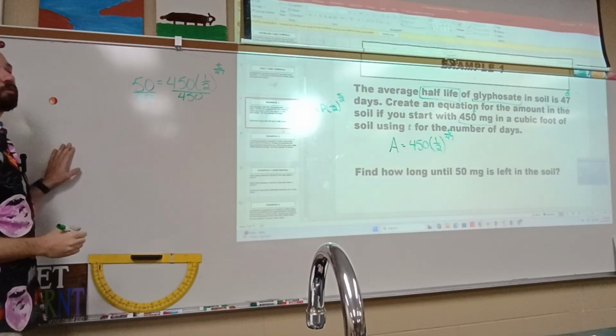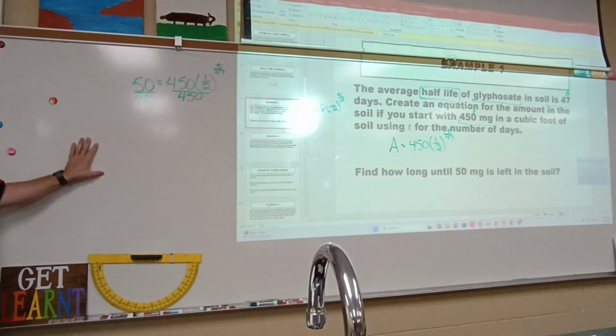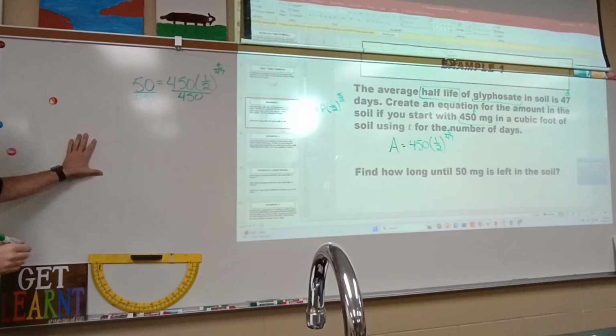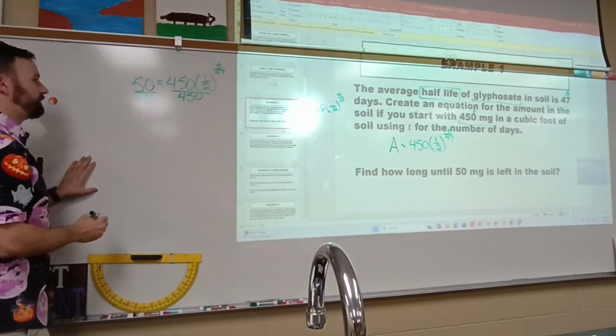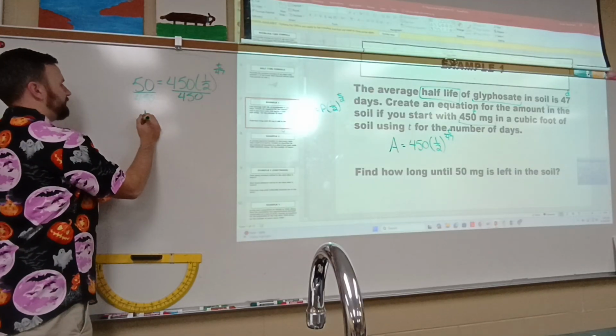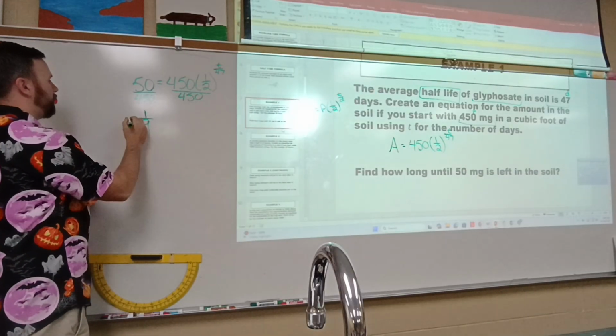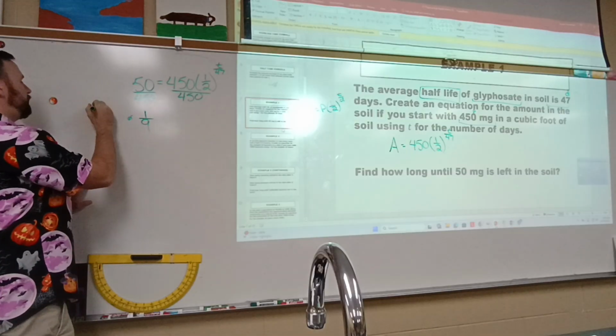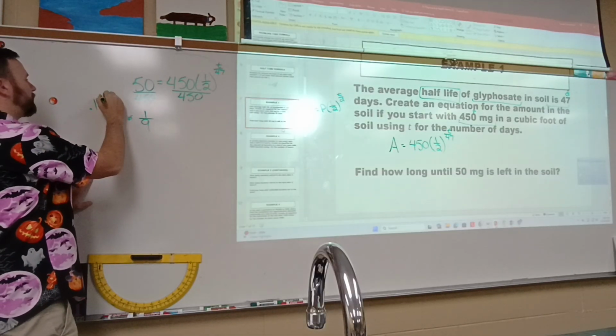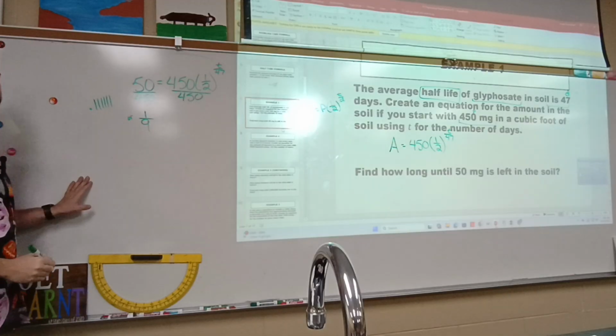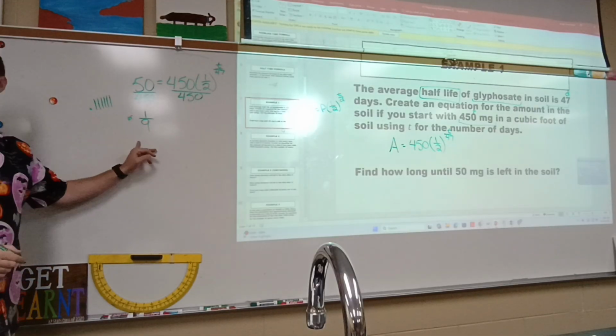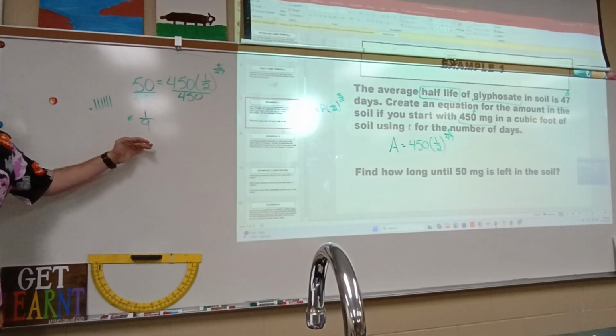Now be careful. If you're doing this with decimals, how many decimal places do you have to use? You have to use 6, or you could use 7. So this side becomes 1/9, or if you're using decimals, 0.111111. Both should work. I'm going to use 1/9 because I like fractions.